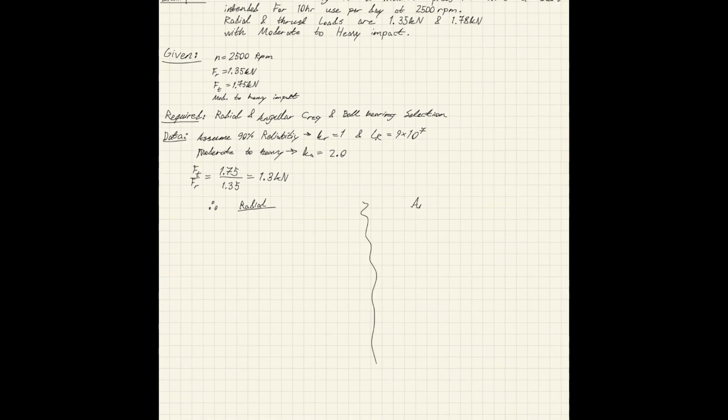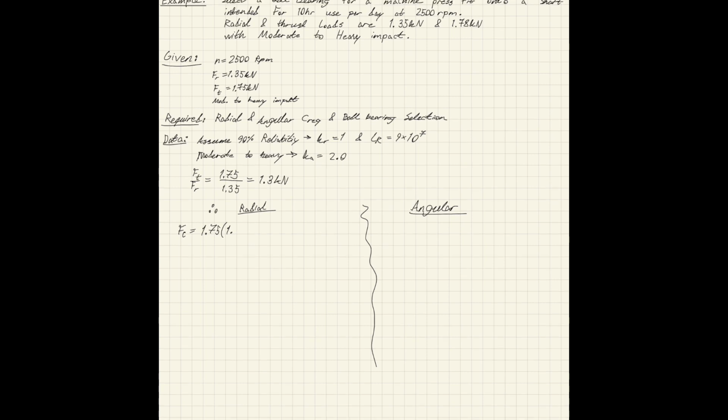So, let's determine our radial and angular FEs. So we have this formula for determining our radial FE here, and that'll give us an FE of 3.6 kilonewtons. And for angular, 1.75 times 1 plus 0.870 times 1.3 minus 0.68 gives us an FE of 2.7 kilonewtons.